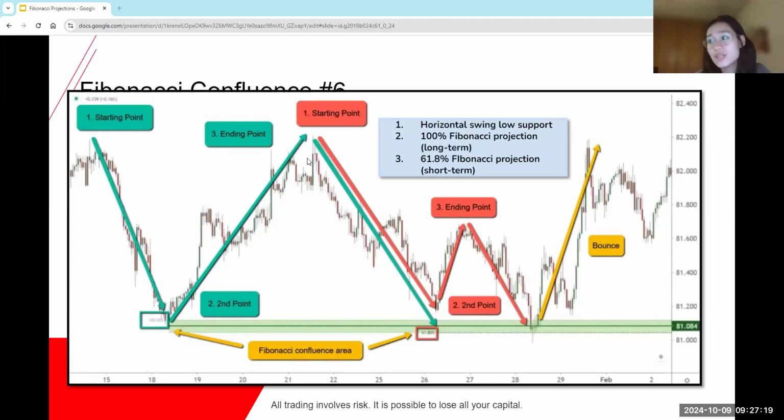Then we also have another starting point, middle point, and ending point for our second projection. And that uses a 61.8% projection that lines up again with that swing low and also with the previous 100% projection level. We are projecting prices to bounce off this level, which it did. It bounced off nicely.